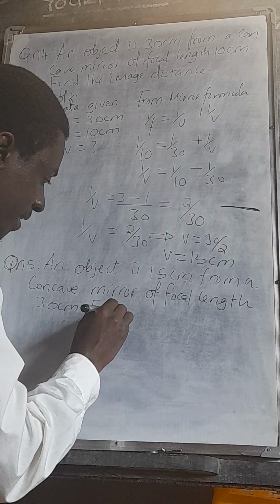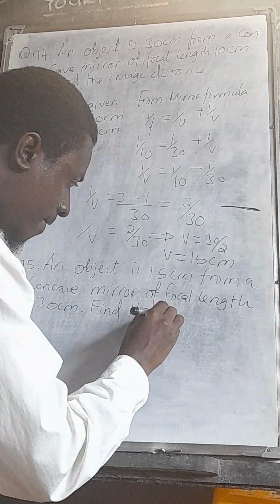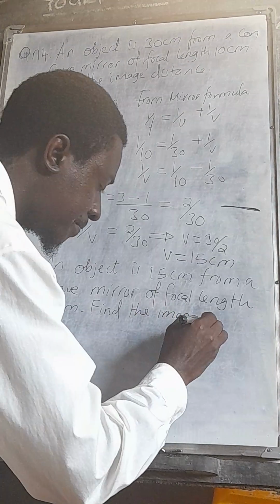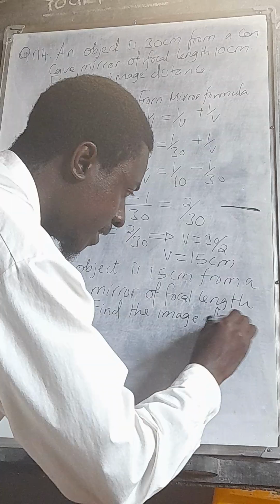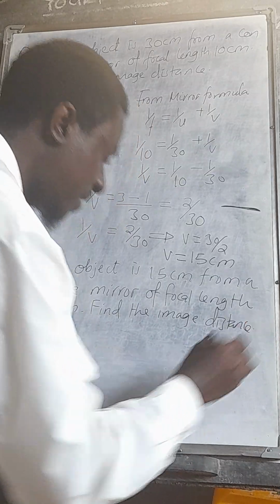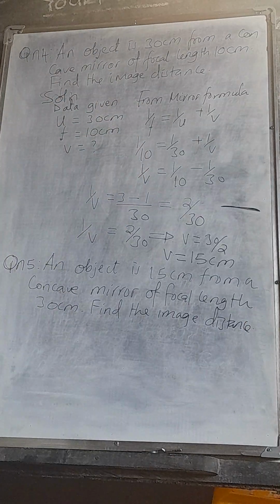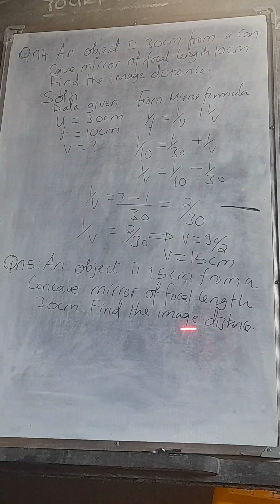Find the image distance. So this is our question, question number 5. You may see for yourself: an object is 15 centimeter from a concave mirror of the focal length almost 30 centimeter. Find the image distance.